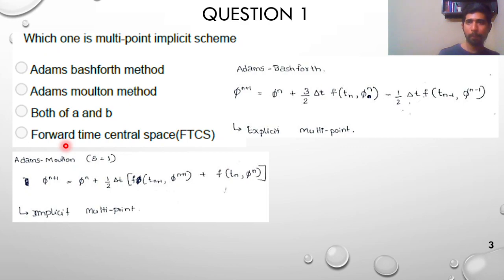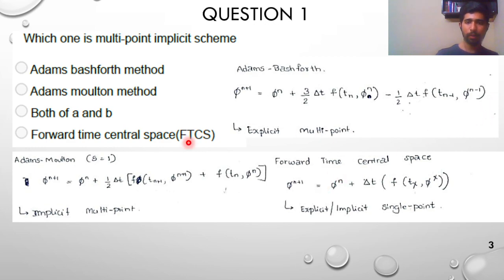Explicit, okay. And single point or multi-point? Yes, it is single point because we are not taking two different time levels.